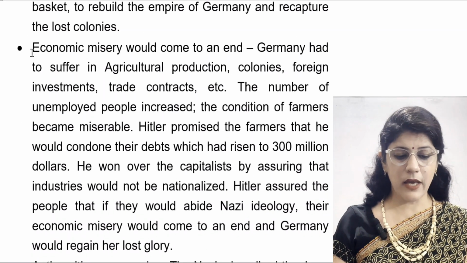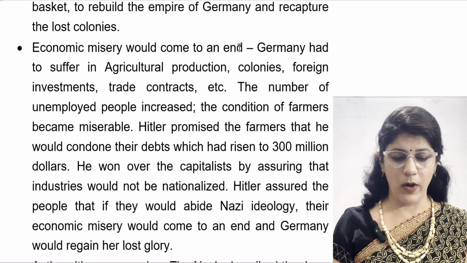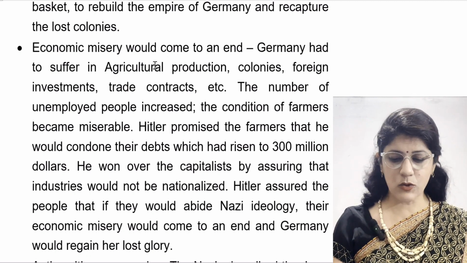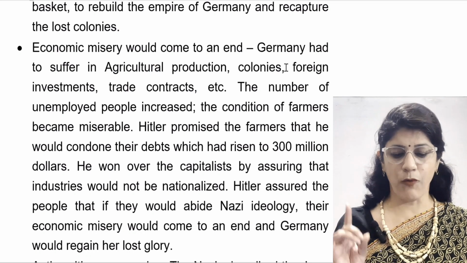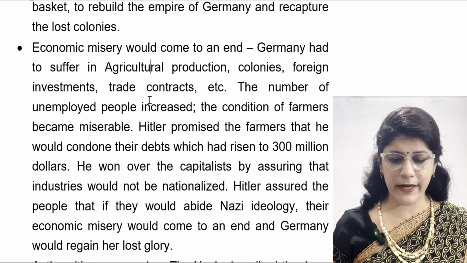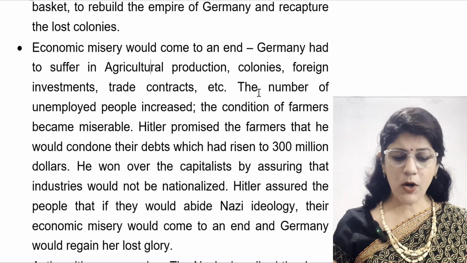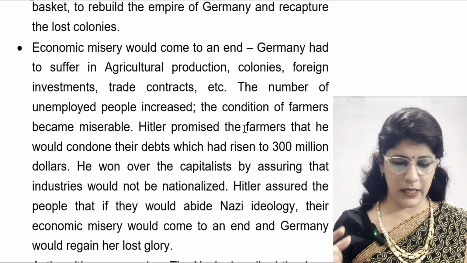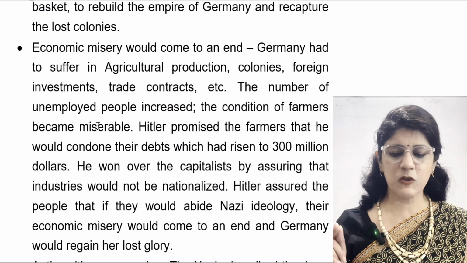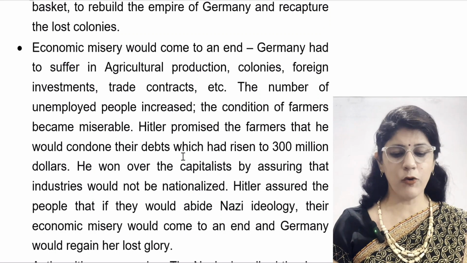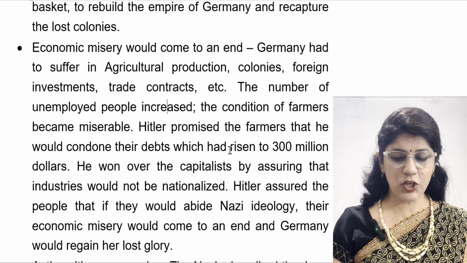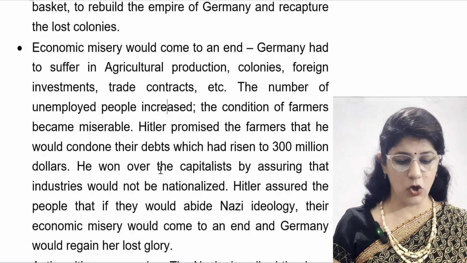Next heading is economic misery would come to an end. Germany had to suffer in agricultural production, colonies, foreign investments, trade contacts, etc. The number of unemployed people increased. The condition of farmers became miserable. Hitler promised the farmers that he would condone their debts, which had risen to $300 million.